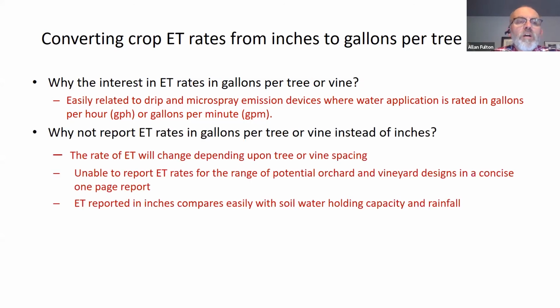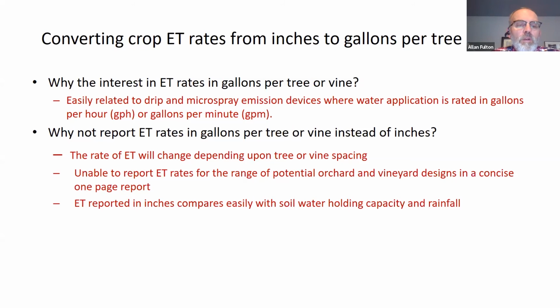The question we commonly get is, why do we not report ET rates in gallons per tree instead of inches? Some of the issues are that the rate of ET will change depending upon the tree or vine spacing. We're unable to report ET rates for the range of potential orchard and vineyard designs in a concise one-page report.